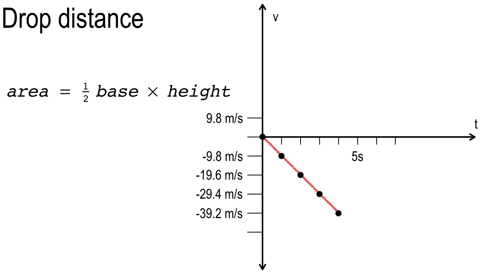And no air resistance, just straight free fall, negative 19.6. Add another negative 9.8. You get negative 29.4 after 3 seconds. After 4 seconds, you've acquired another 9.8, total of negative 39.2 meters per second of downward speed.